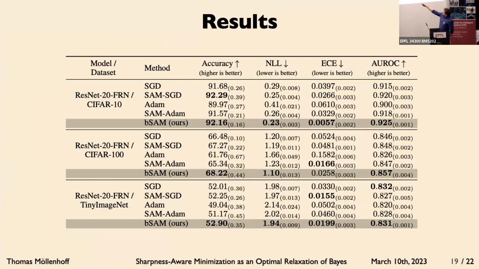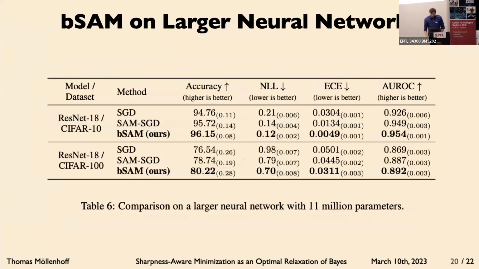And we can see that this Bayesian SAM method consistently improves over SGD, but also over the SAM approach. So we got here quite good numerical results for our approach, which further improve over SAM. Also works on larger neural networks. So this is for a neural network of 11 million parameters.